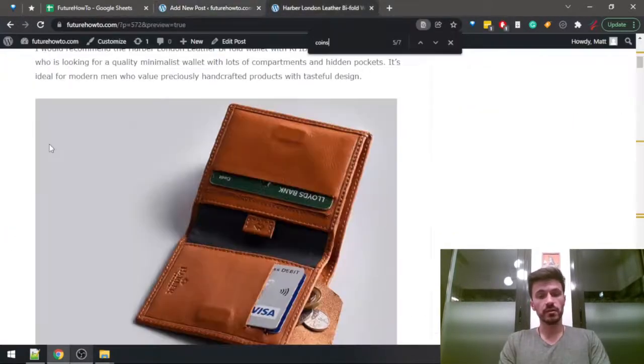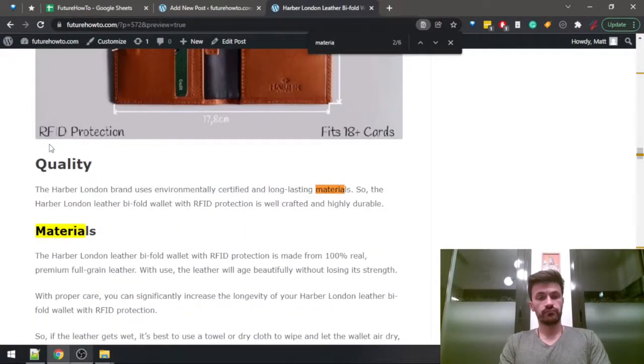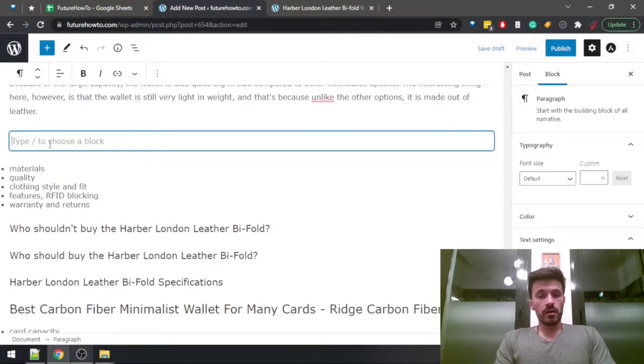Materials quality. Materials. Real. In fact, the leather used for this wallet is one of its strongest qualities.